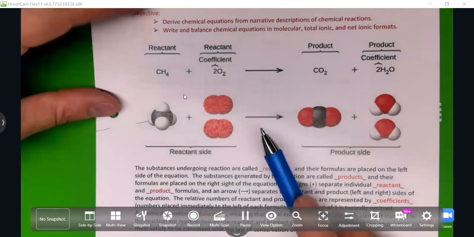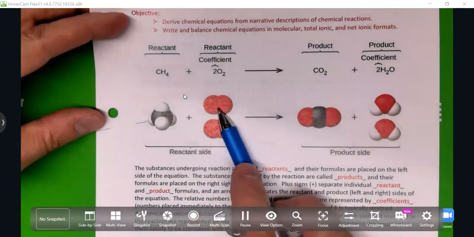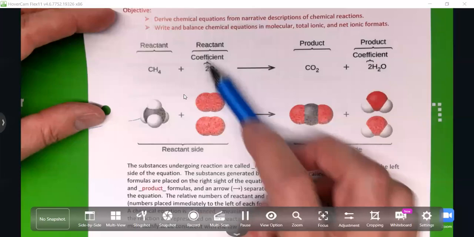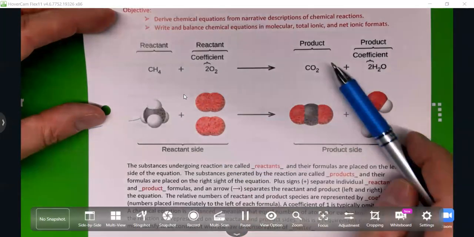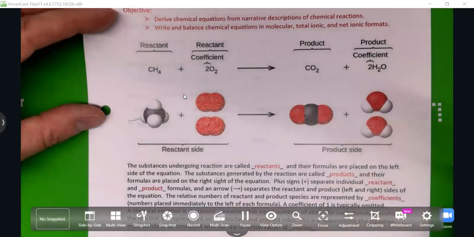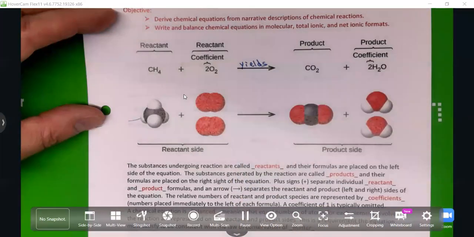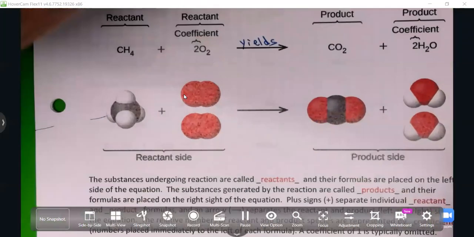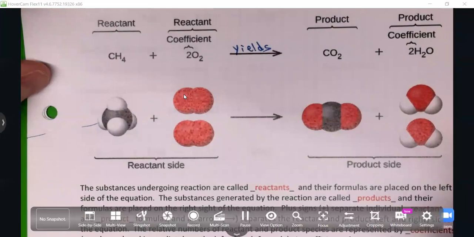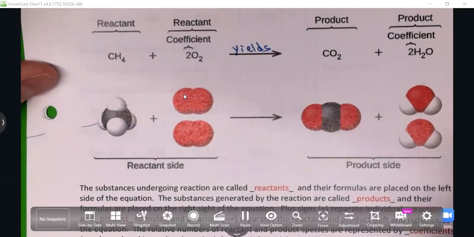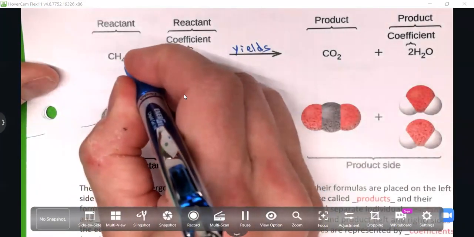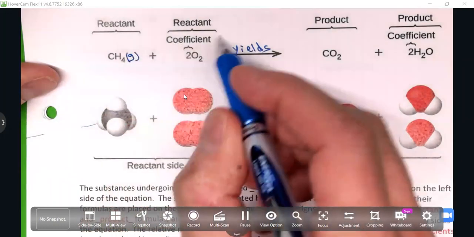We know that on the left side here, we have reactants. And on the right side here, we have our products. And this arrow pretty much just means yields. Produces, yields, whatever you want to call it. And when you enter things in OWL, you can just click on a gas.